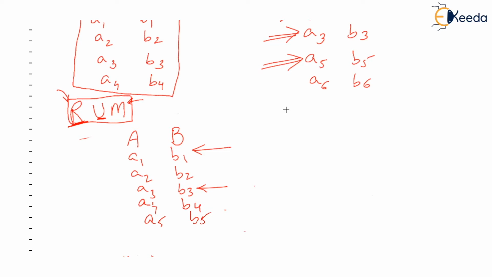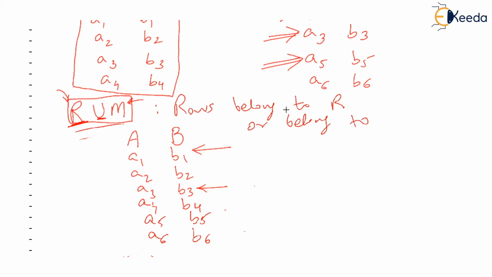Similarly, you can see that the last row A6, B6 also will be added. So as you know, the union operation R union M means the result will contain rows which belong to R or belong to M. Isn't it so?